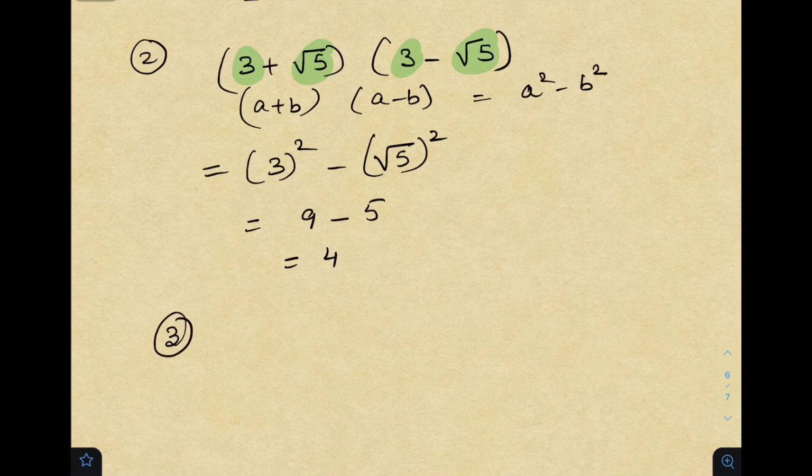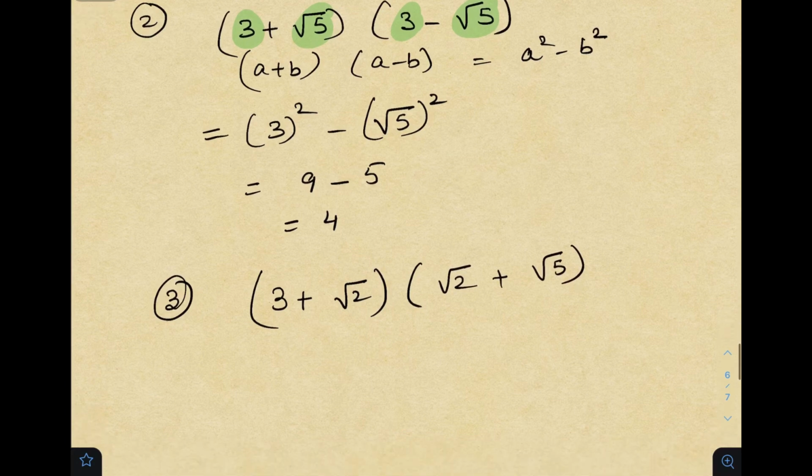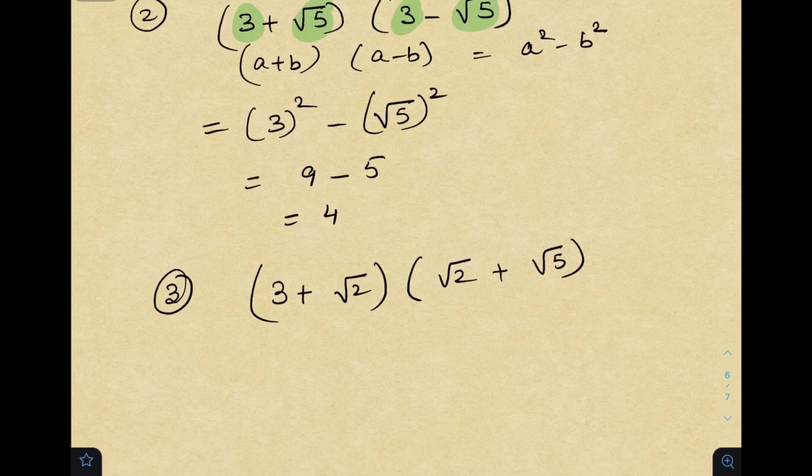Let us take the third example. 3 plus root 2 multiplied with root 2 plus root 5. So again we will multiply 3 with root 2 plus root 5 and also root 2 with root 2 plus root 5.